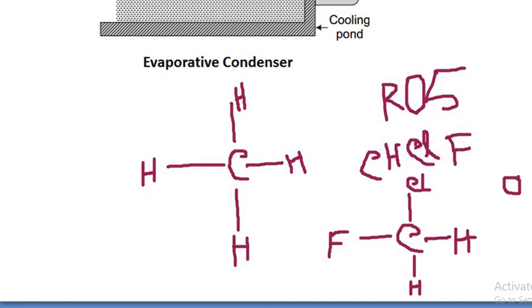So number of hydrogen plus 1 will be 2 plus 1.